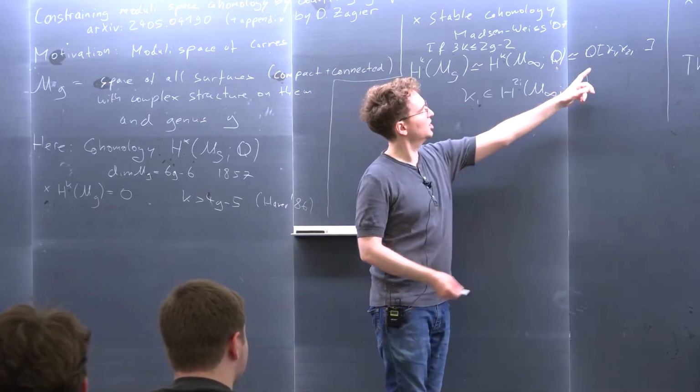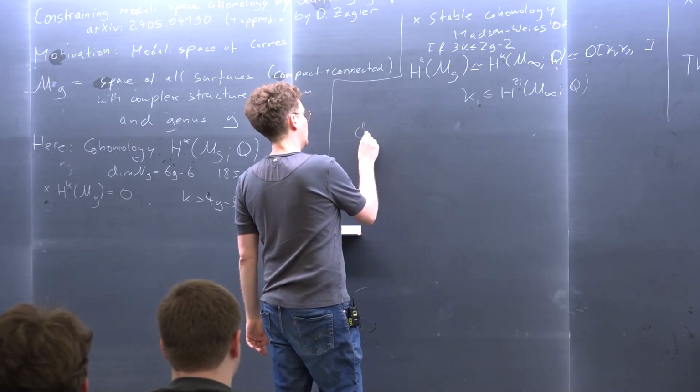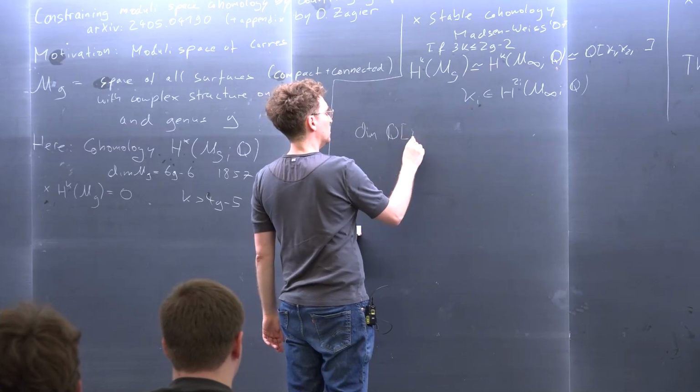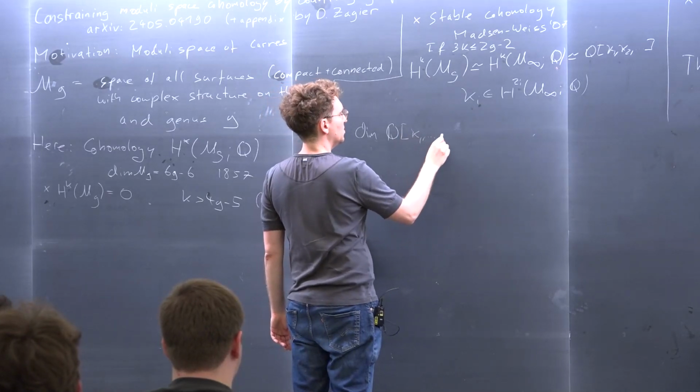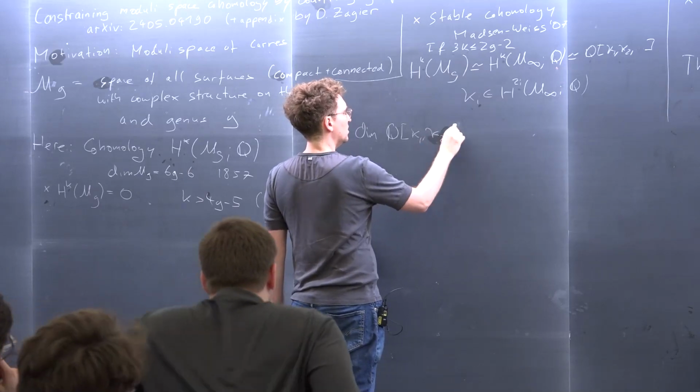How does this work? So you can estimate the dimension of such a polynomial algebra, let's say, on these kappas.